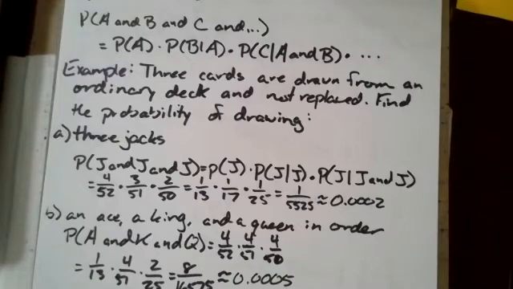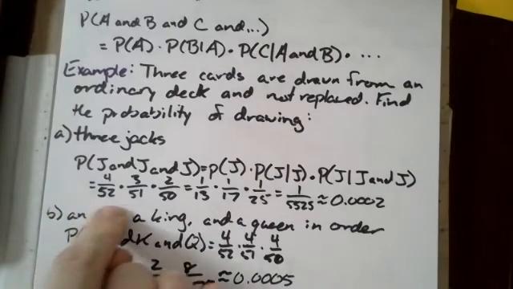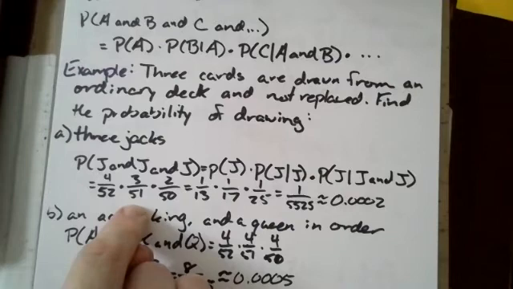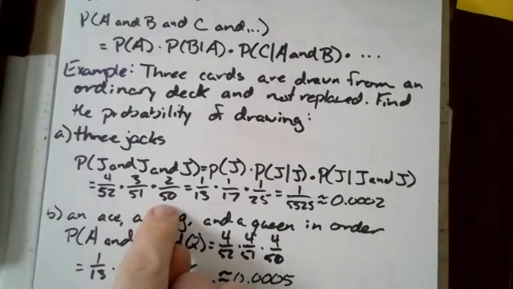Well, the probability of jack and jack and jack is equal to the probability of drawing 1 jack times the probability of drawing a jack given you've already drawn a jack times the probability of drawing a jack given you've already drawn 2 jacks. So that's 4 out of 52 times 3 out of 51, because there are 3 jacks left and 51 cards left in the deck, times 2 out of 50, because there are 2 jacks left and 50 cards left in the deck.